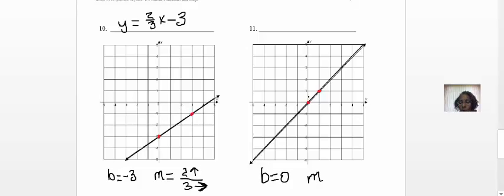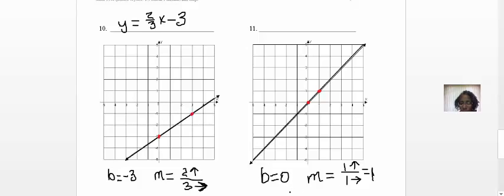M is 1 unit up, so from this point, I need to move 1 unit up to get to my second selected point. So that's a positive 1 since I moved up. And I had to move 1 unit right to get to that point on the line. Right is the positive horizontal movement. So my slope is merely 1.